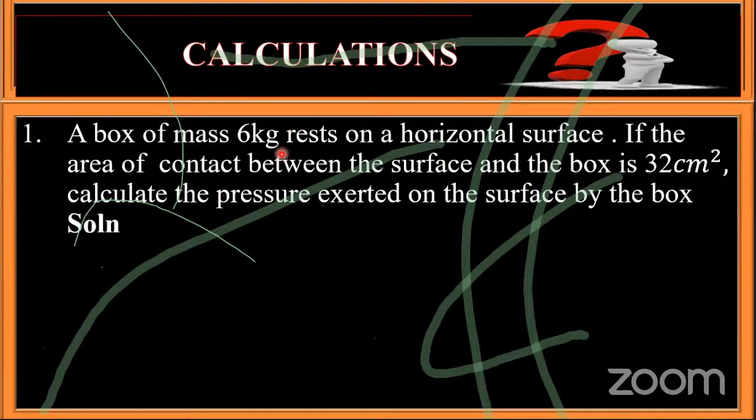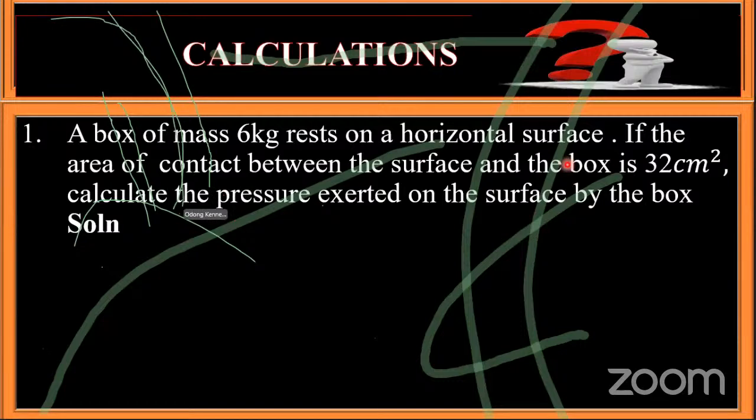Very good. So we have a box of mass 6 kilograms resting on a horizontal surface. Where you are seated, if it was not strong enough, it would break. What causes it to break? It means there is some force being applied.